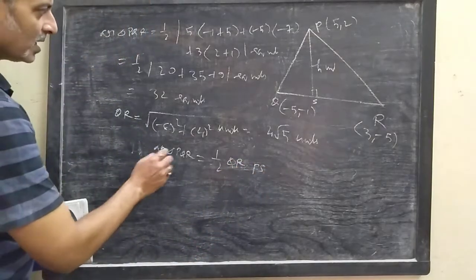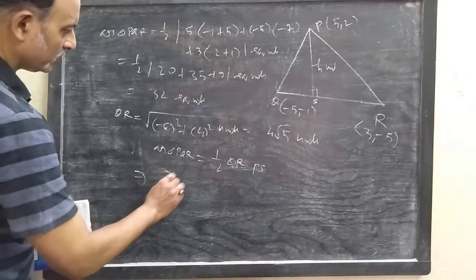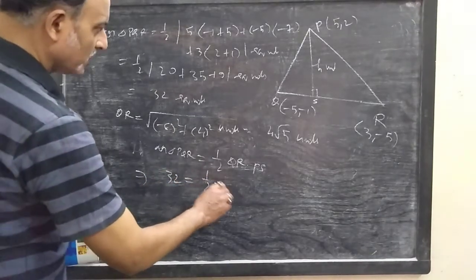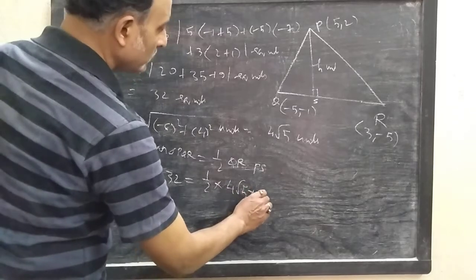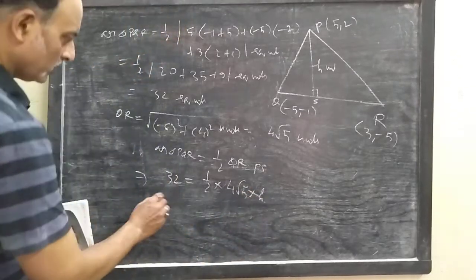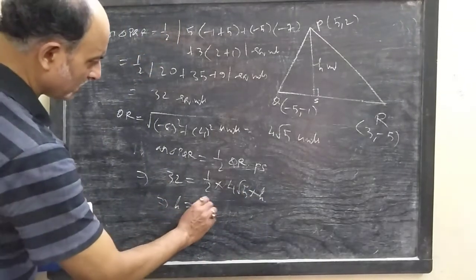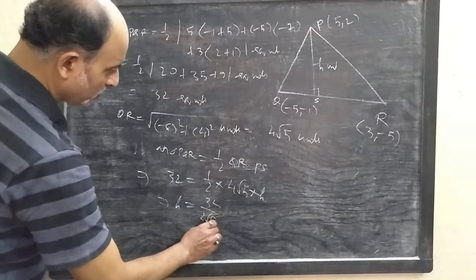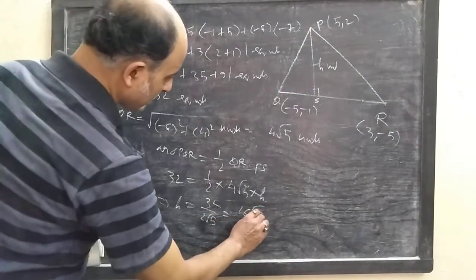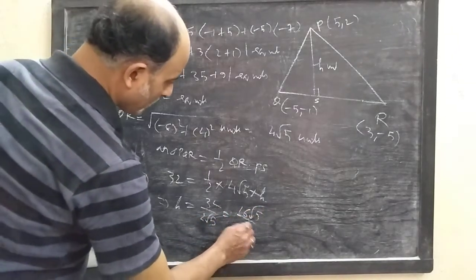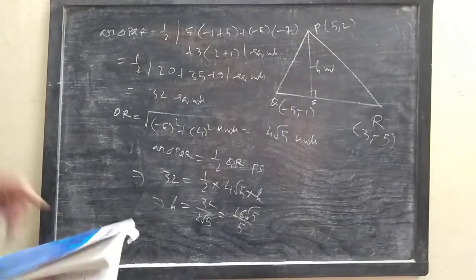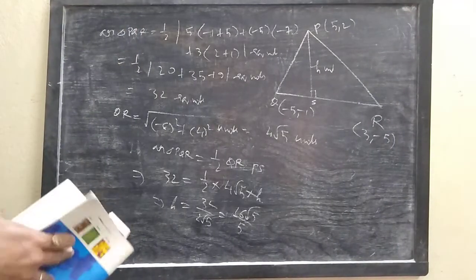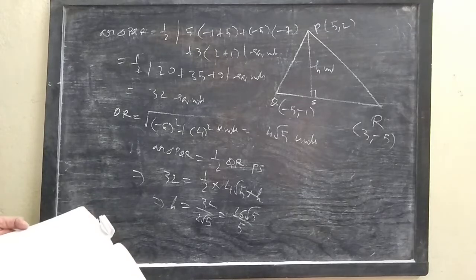We already obtained the area as 32 square units. This equals half into 4√5 into h. So h equals 32 by 2√5, which you can write as 16√5 by 5. So the length of the altitude is 16√5 by 5 units and the area of the triangle is 32 square units.